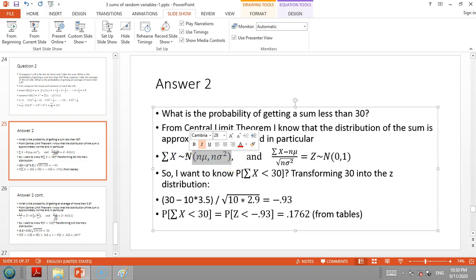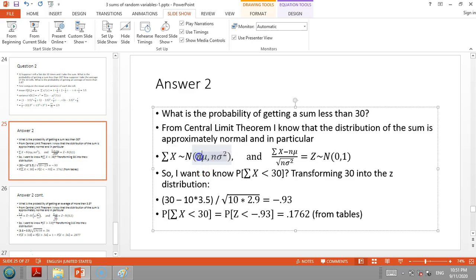If you see on the PowerPoint, there should be a normal with a mean of n times mu and a variance of n times sigma squared. And so in order to convert to a standard normal to get probabilities, because obviously this normal, I don't know the probabilities of this. If I have a computer or something, or I knew some calculus, I can compute this.